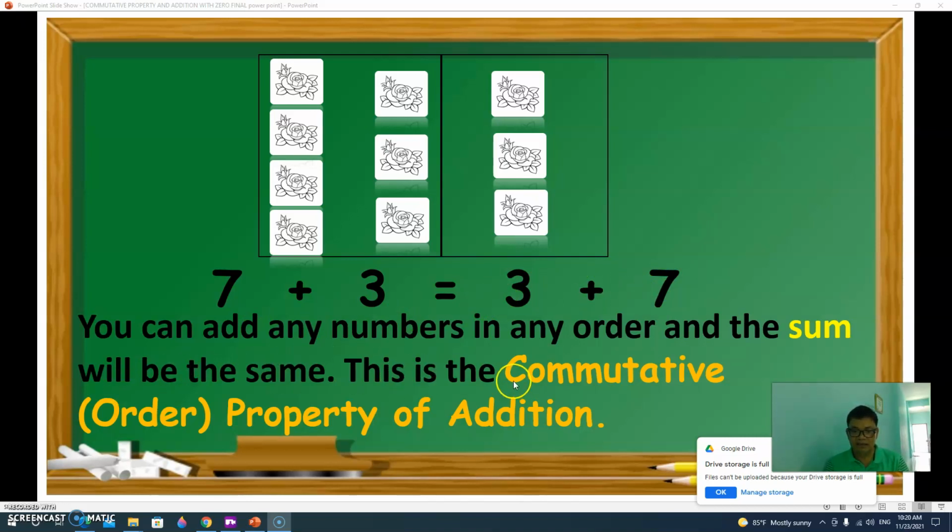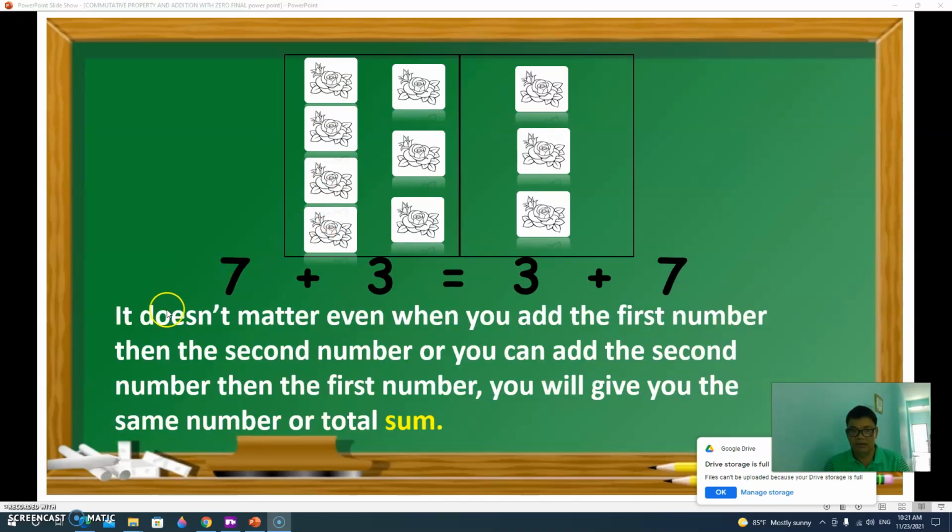So this is the commutative property of addition. It doesn't matter whether you add the first number then the second number. If you add 7 plus 3, the answer is 10.